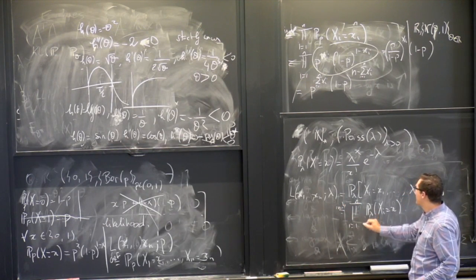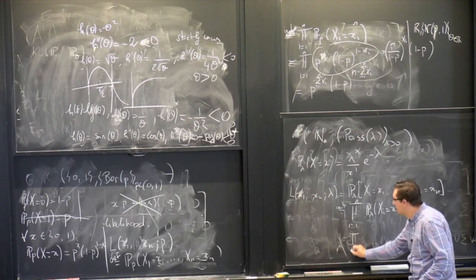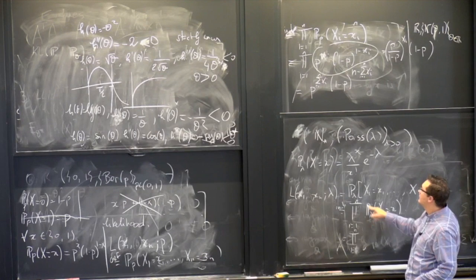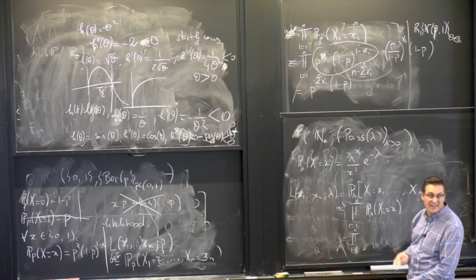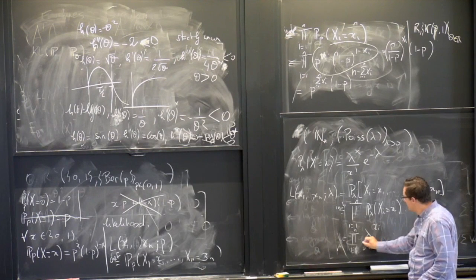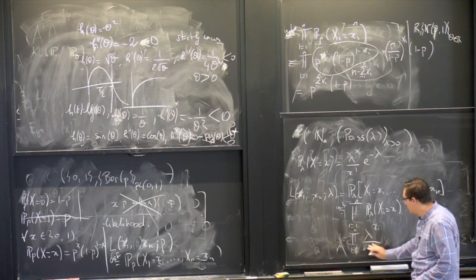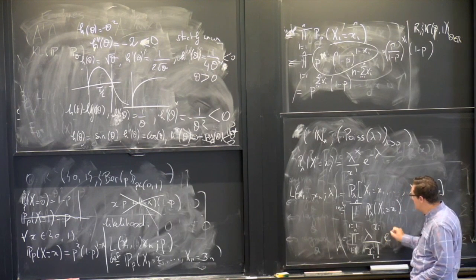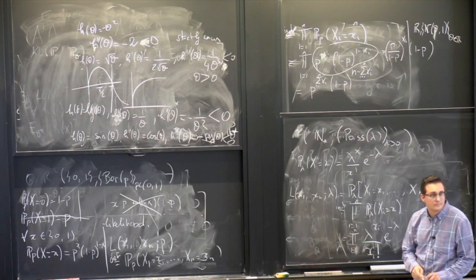And now I can write those guys as being, each of them being, i equal 1 to n. So this guy is just this thing where I plug in xi. So I get lambda to the xi divided by factorial xi times e to the minus lambda. Okay?